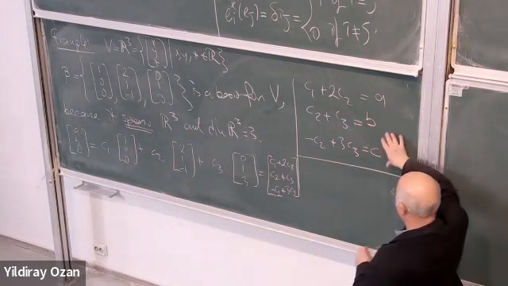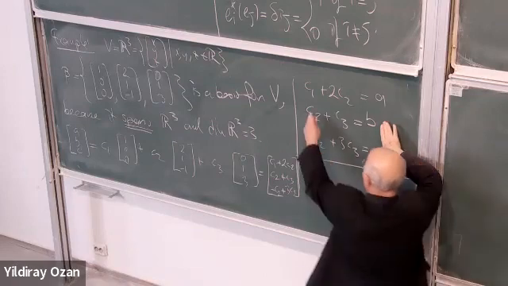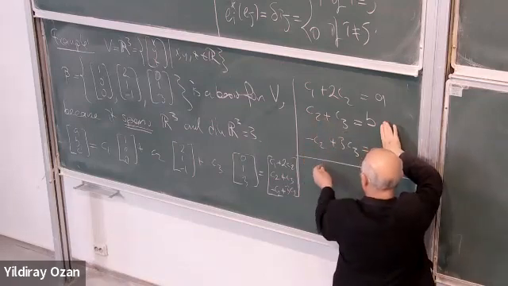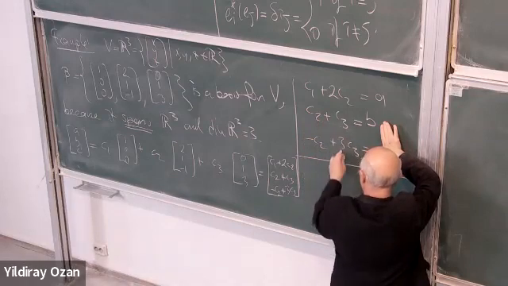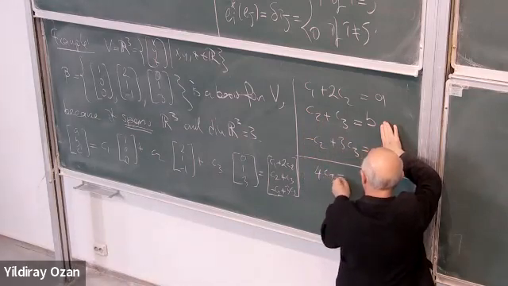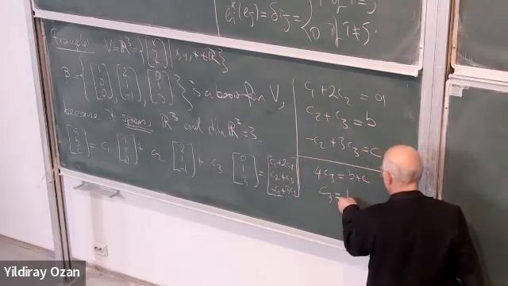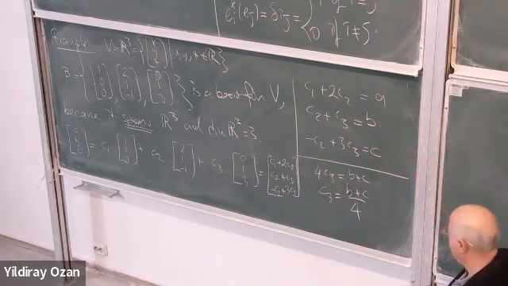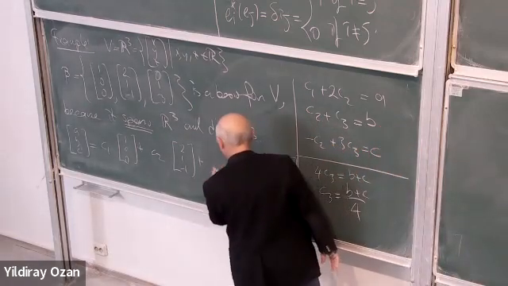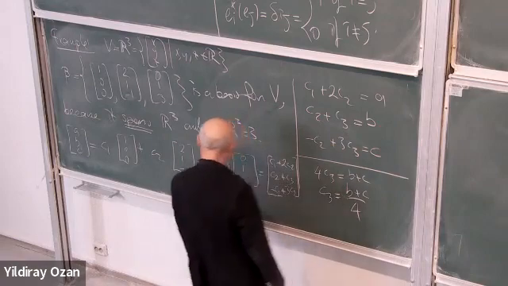How? For example, just look at the last two. If I add them up, we get what? When you add these two, you get 0 here, and here you get 4C3 is equal to B plus C. So C3 is just B plus C over 4.